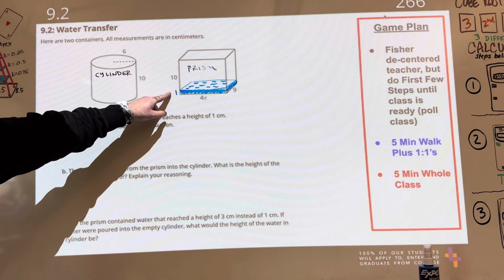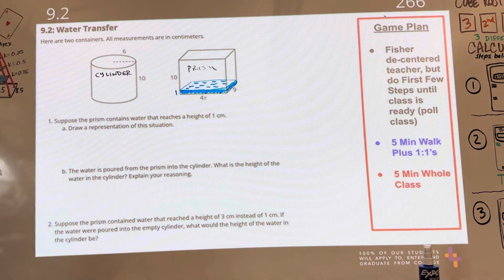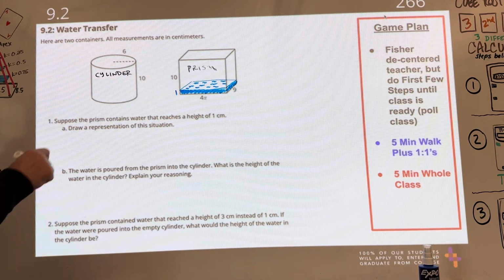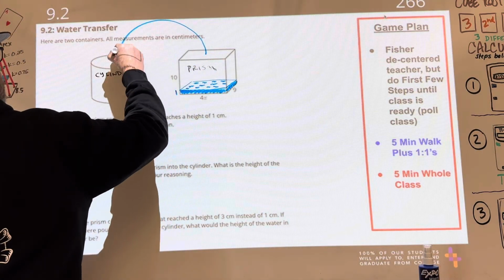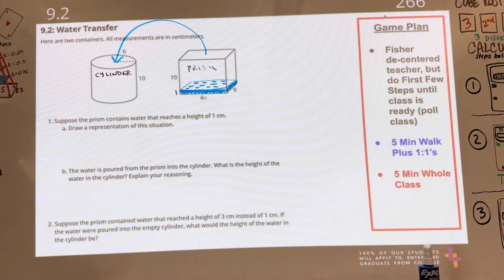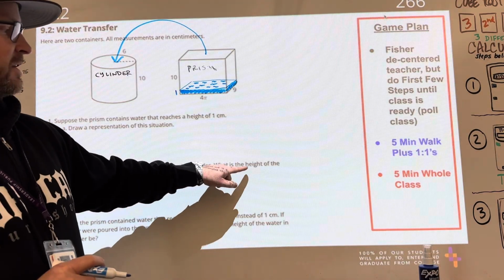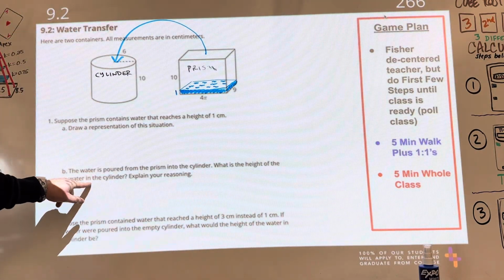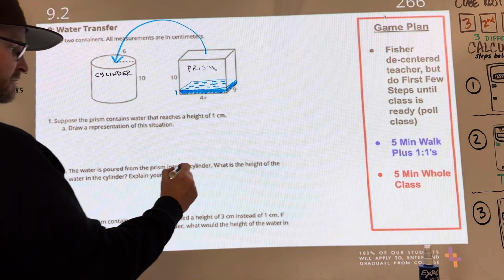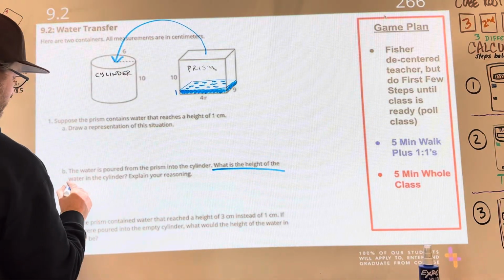Once you label it 1, you're good. Okay, now the water is poured from the prism into the cylinder. What is the height of the water in the cylinder?